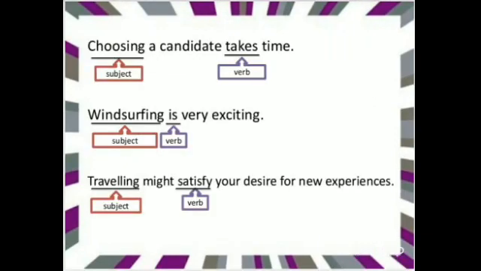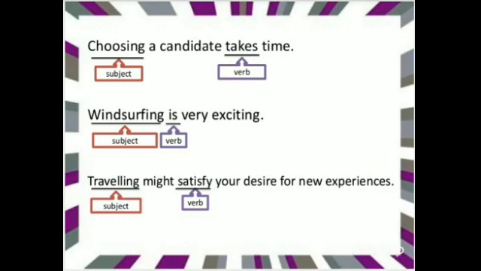Let us see some more examples. The first sentence, choosing a candidate takes time. Now, in this sentence, the main verb is takes. And then we have choosing. Choosing is acting as the subject of the verb takes.